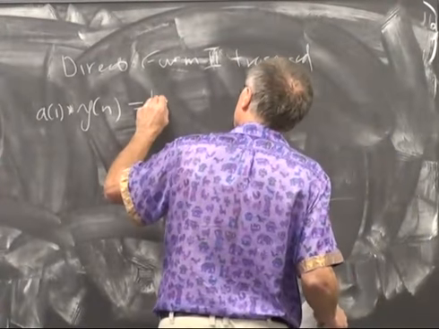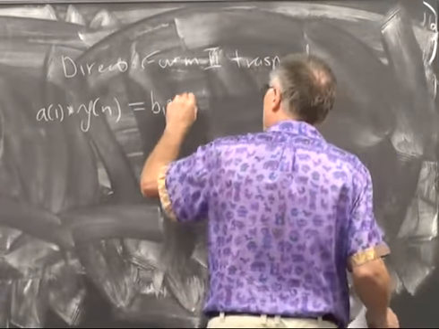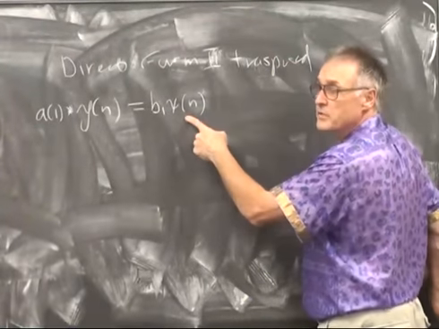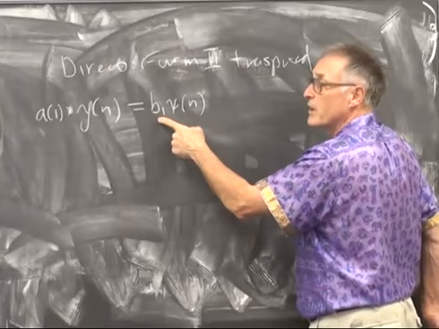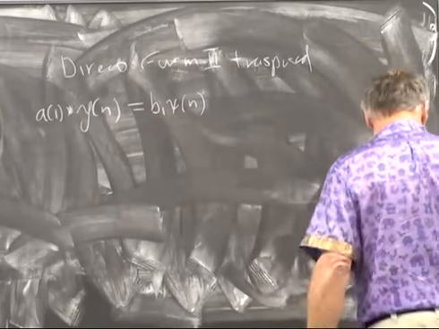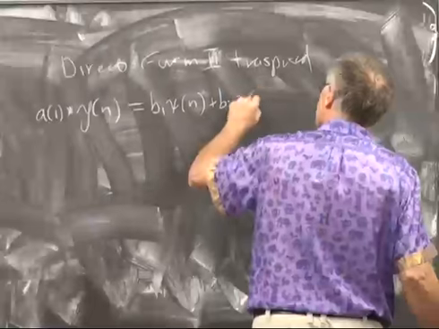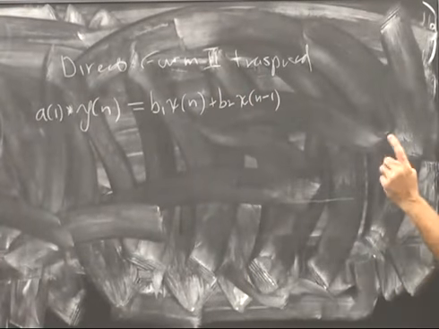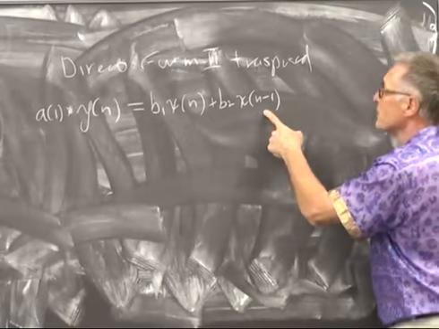Formulation in MATLAB is you have some b1 times x of n. So this is the newest input. This is the current time input, multiplied by some constant, plus b2 times x of n minus 1. That's the input before the current one.